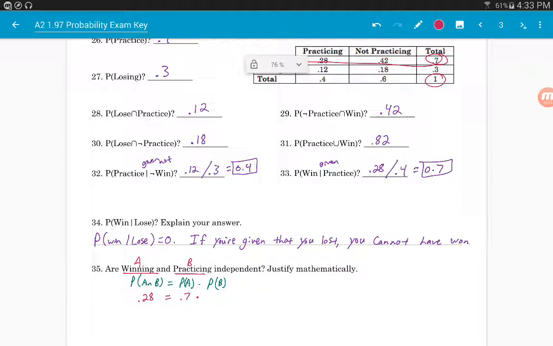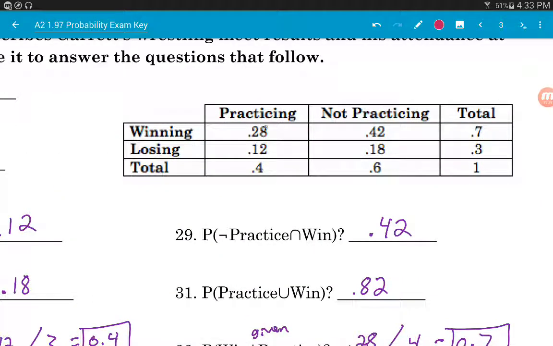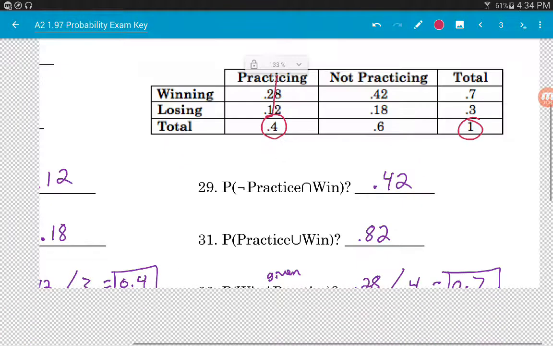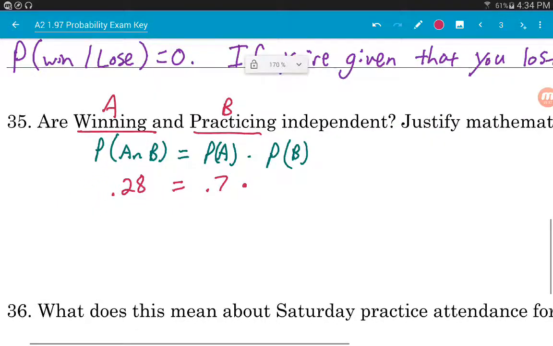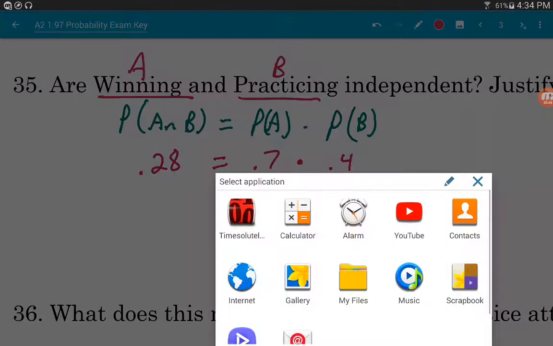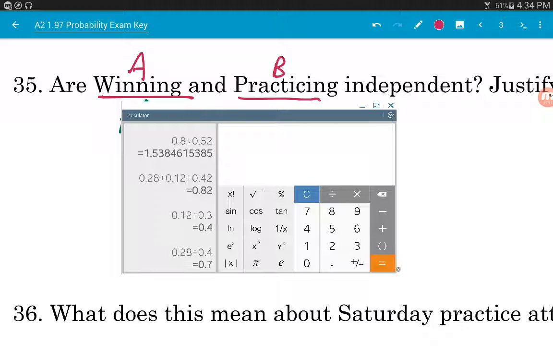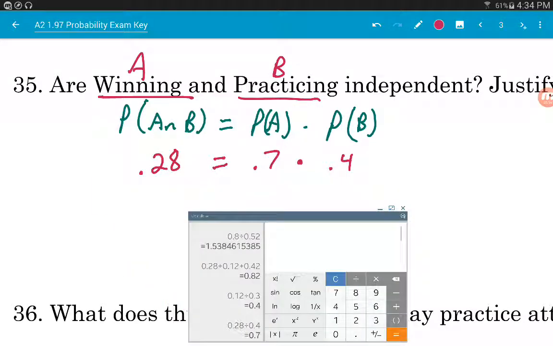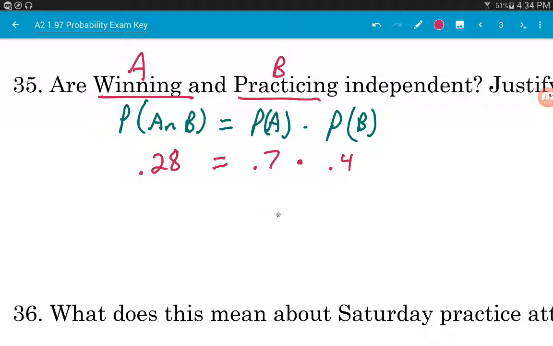So what's the probability of practicing? 0.4 people practiced out of 1, which is just 0.4. And when you multiply on the right-hand side, let's prove it to you. 0.7 times 0.4 equals 0.28. So we get 0.28 on the right is equal to 0.28.